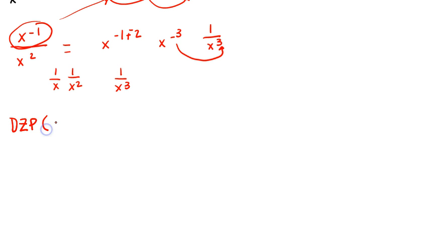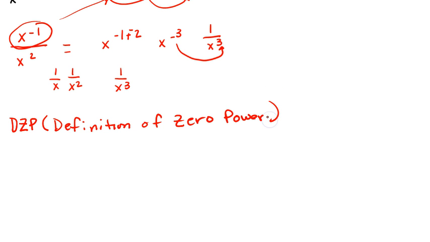You should be able to find this in your purple packet, and it's called the definition of zero power. The definition of zero power is that for all real numbers x, where I have x to the zero power, I get 1. This would be true if I had 3 to the zero power. I would still have 1.